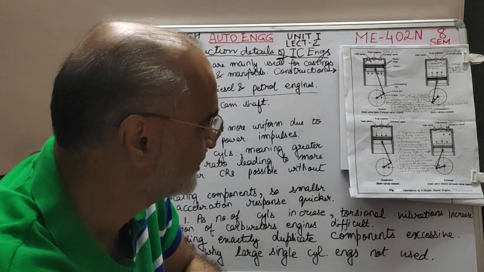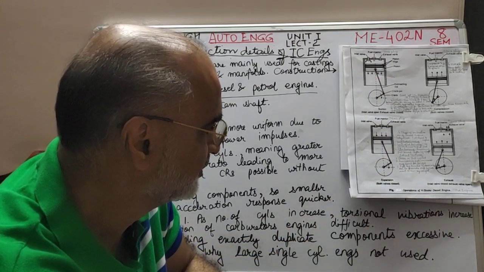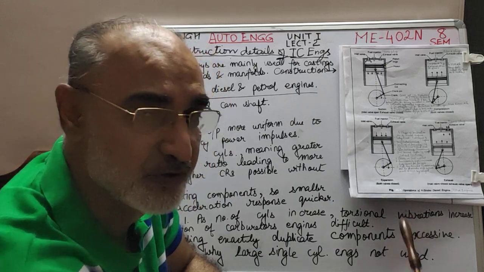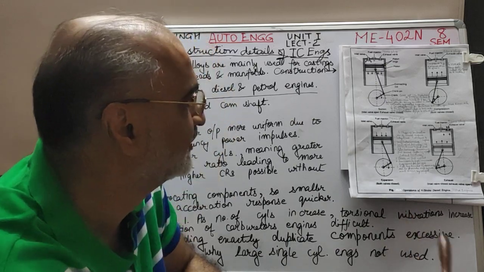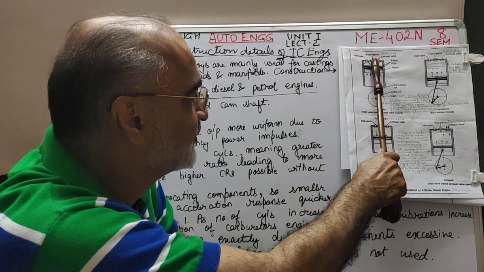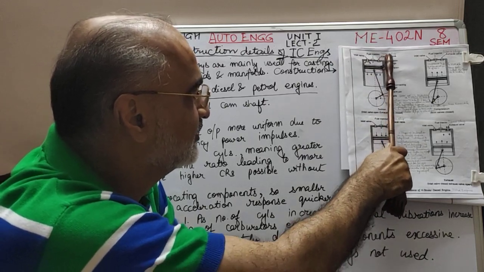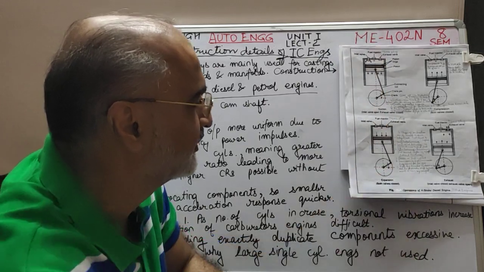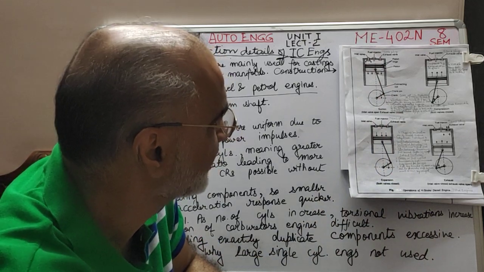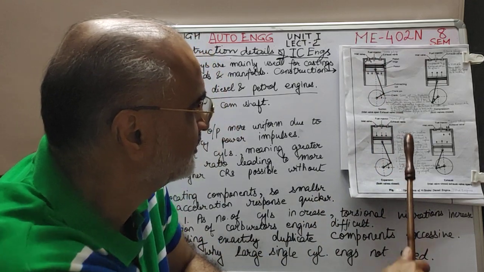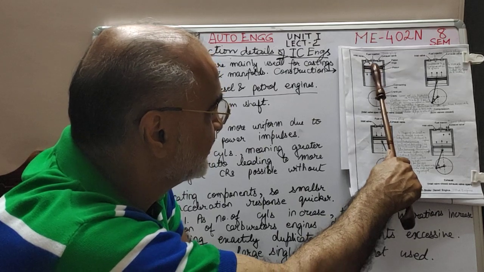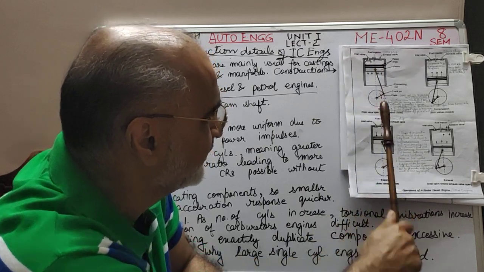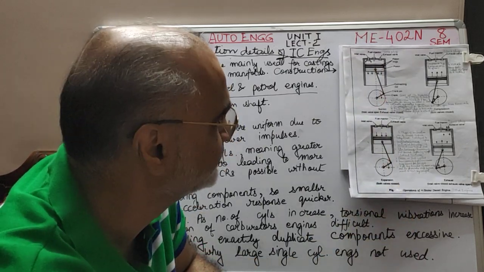Now we are discussing the 4-stroke petrol engine. This figure is common to petrol and diesel. Only difference is that in place of the spark plug, it's a fuel injector. So TDC to BDC, 0 to 180 degrees, is called the suction stroke.